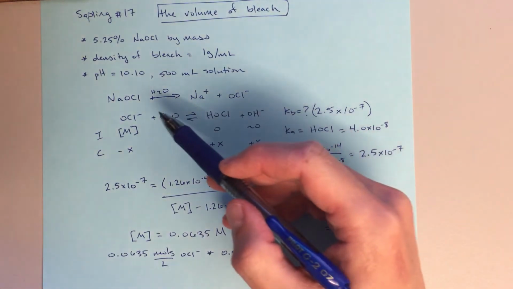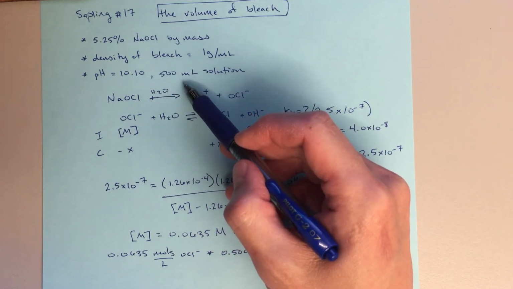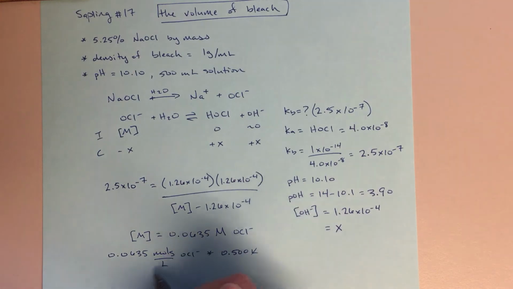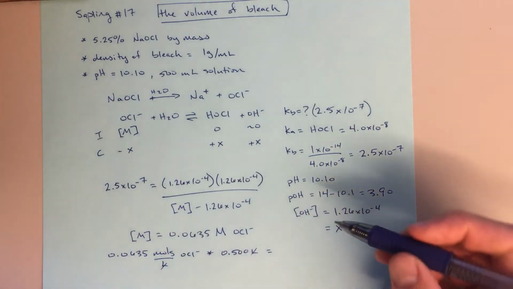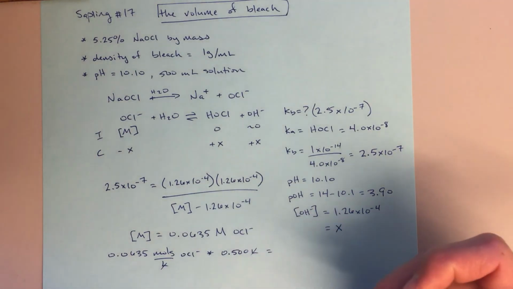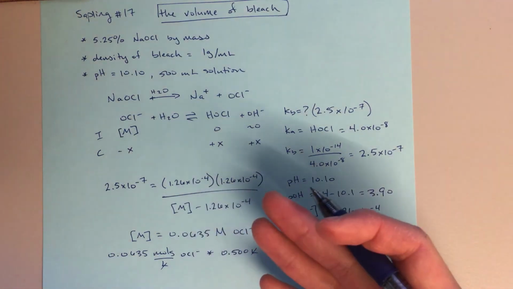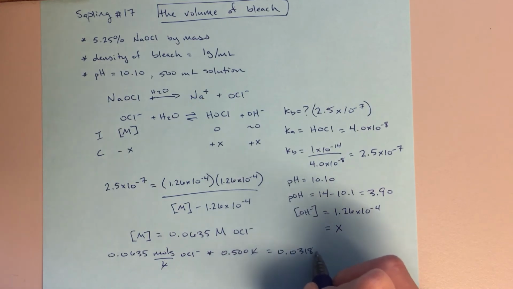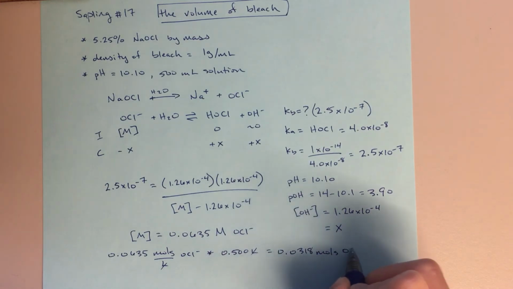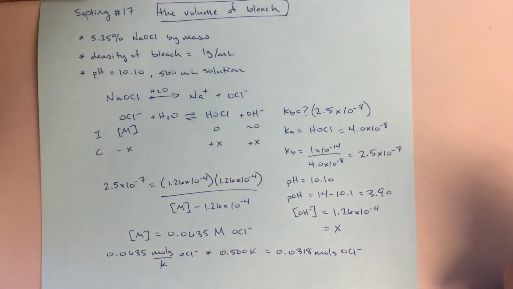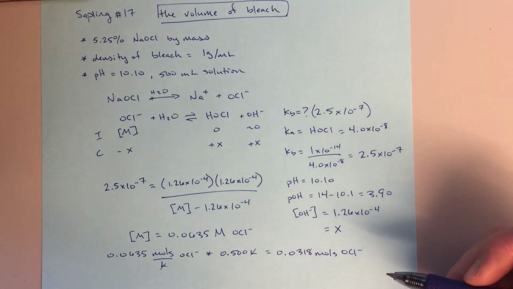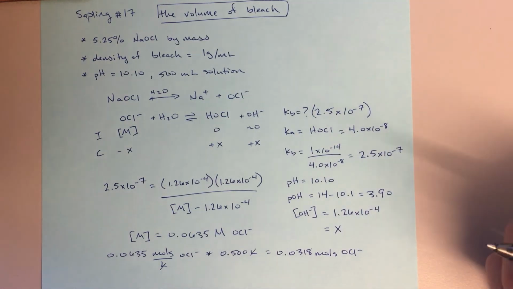I know that's a 500 milliliter solution, so my volume should be 0.5 liters. That's going to give me my number of moles of OCl- that I need to put into the solution, right? So that equals 0.0318 moles OCl-. And being able to figure out this last part is definitely tricky. It's not easy.